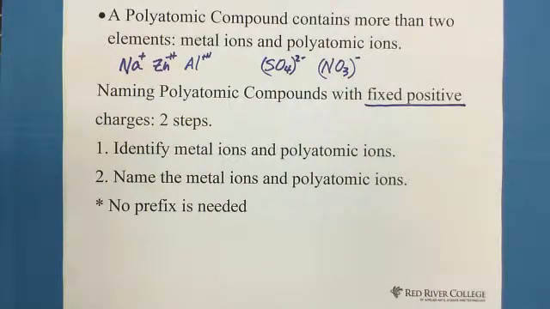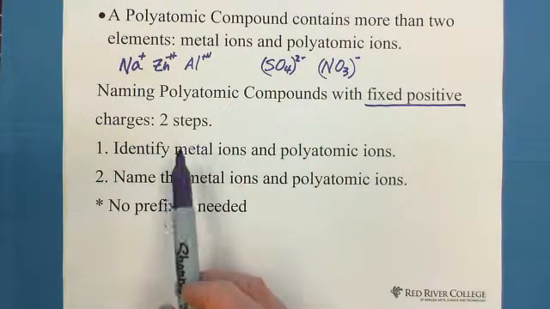I will show you those in the next session, naming polyatomic compounds 2. In this session, we focus on fixed positive charge metals such as sodium, zinc, aluminum, and so on.